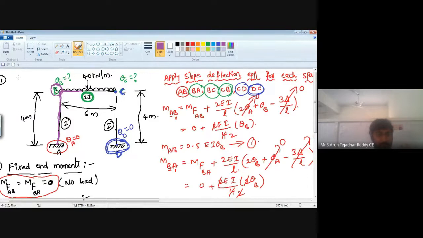Write down clearly, B, that is the BA member and the BC member. Next, if you consider C, one member C to B is acting, and after that C to D, the other member is acting. Two members meet at one point, so that is a joint: here CB and CD.